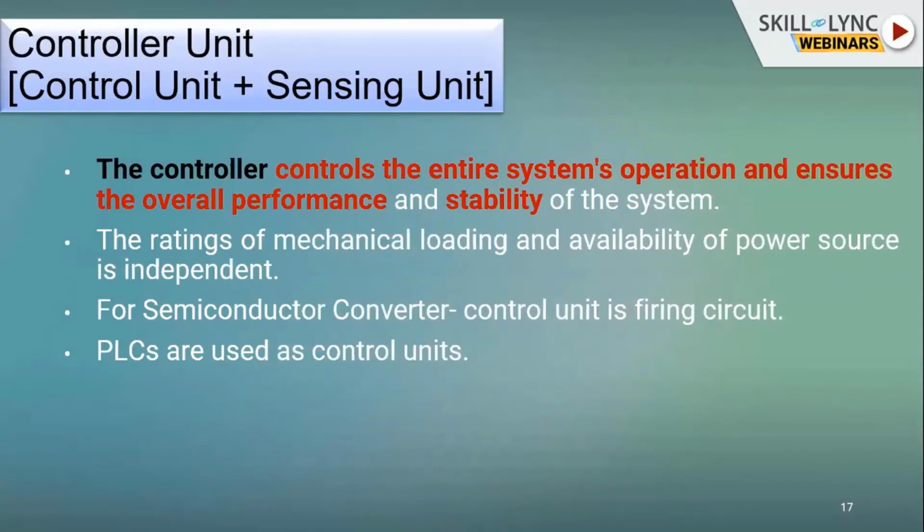Okay, for example, for the semiconductor converter, the control unit is the firing circuit. For that firing, we can use different mechanisms or different switching patterns. That can be PWM, that is pulse width modulation, SVPWM, or SPWM.